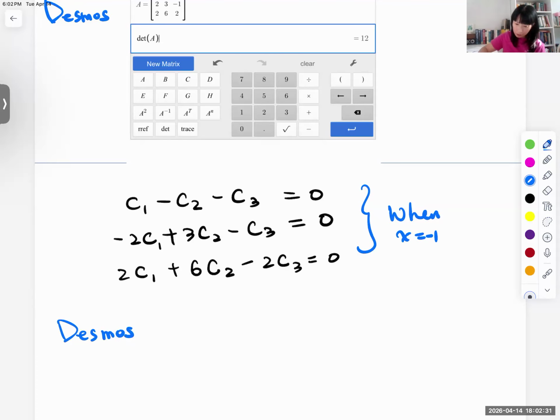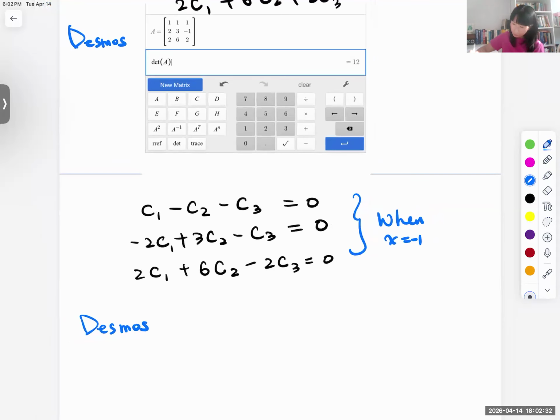We are using 1, negative 1, negative 1, and 0, 0. Oh, we don't need that. We don't have to write that, right? Omit it, it's okay, because we are lazy. 3, negative 1, 2, 6, negative 2, right?